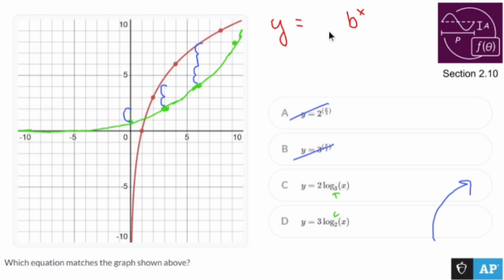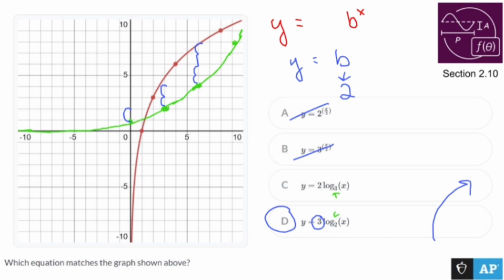So my base is 2, because I multiplied: I went up 1, then 2, then 4. Which means if I compare it back to the original version, D is going to be my answer. And you might be thinking, well, then what's that 3 stand for, sir?